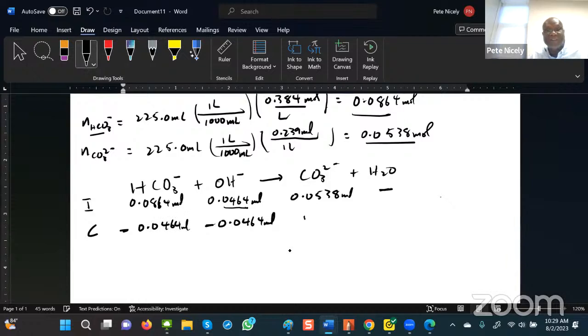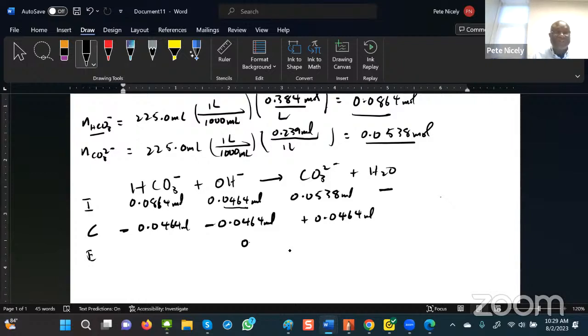And over here, the amount of carbonate produced would be the same, 0.0464 moles.